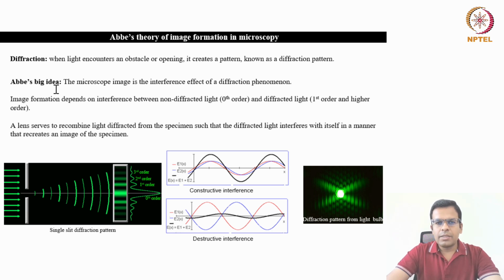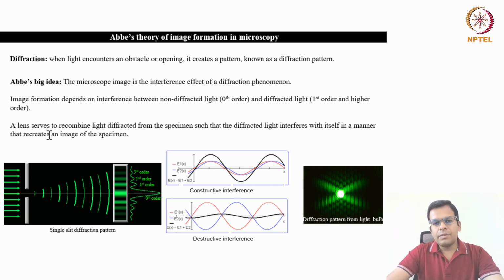So what Abbe suggested, the microscope image is the interference effect of the diffraction phenomenon. Okay, I'm sure you must be quite familiar with the constructive interference and destructive interference of the waves. So the image formation in the microscope depends on the interference of the diffracted light.